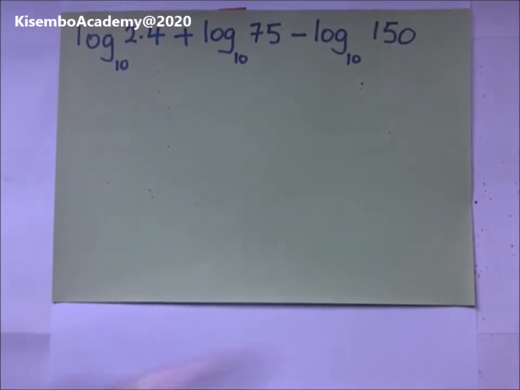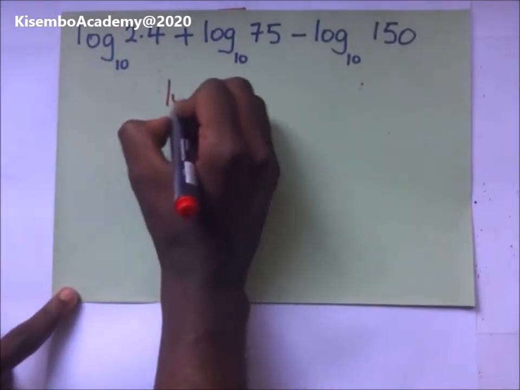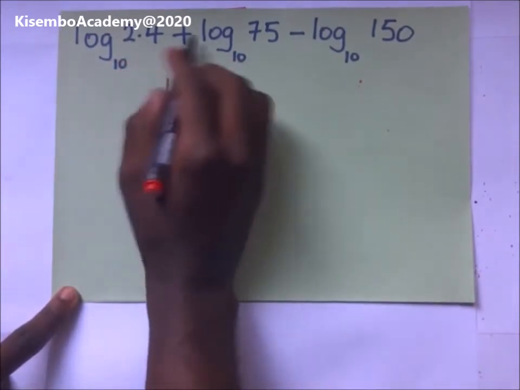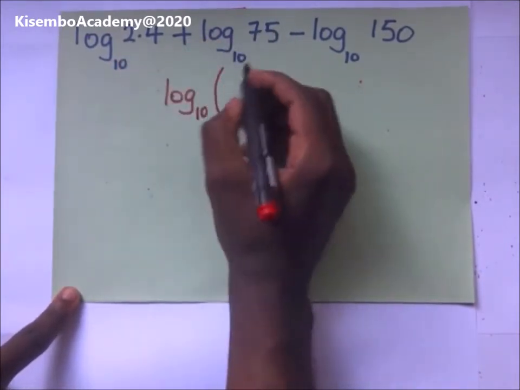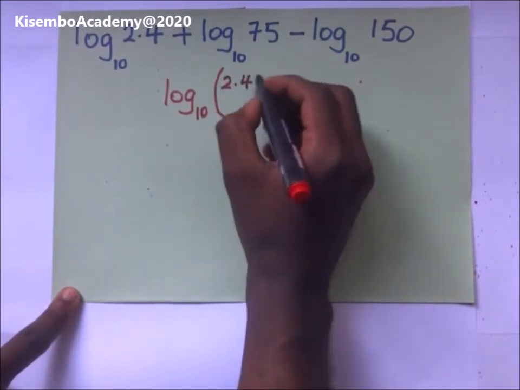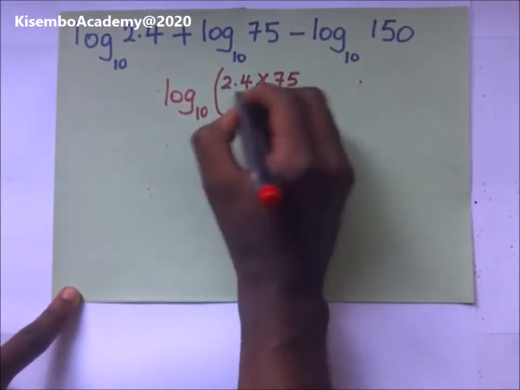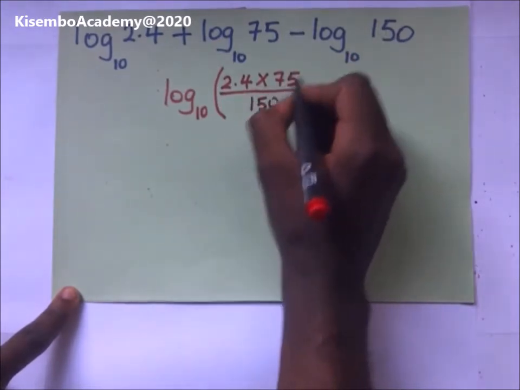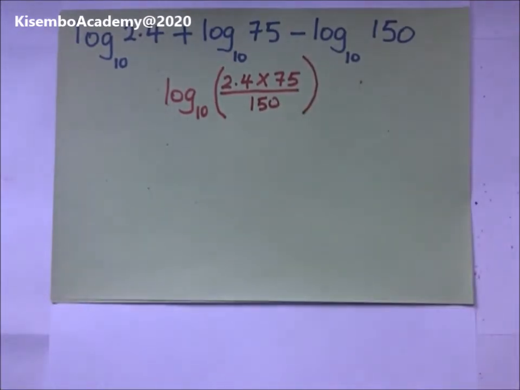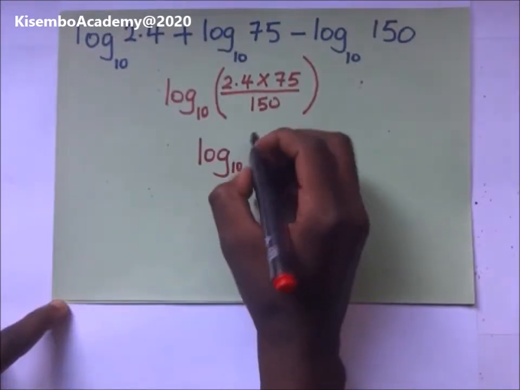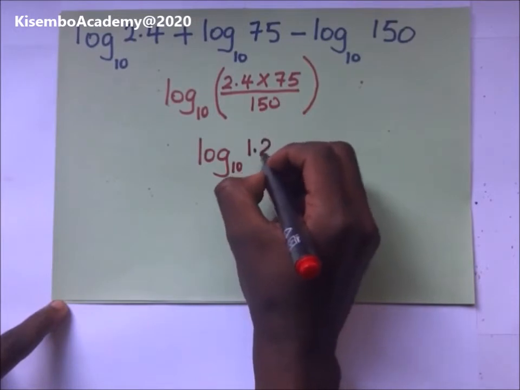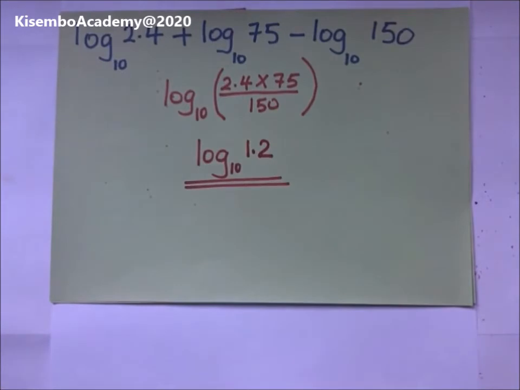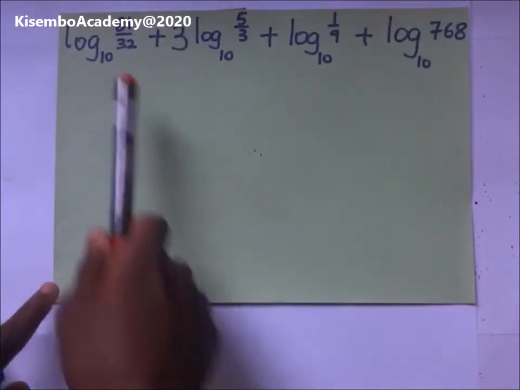So it becomes the logarithm to base 10 of 2.4 times 75, divided by 150. Our answer here will be log base 10 of 1.2, and that's our answer.